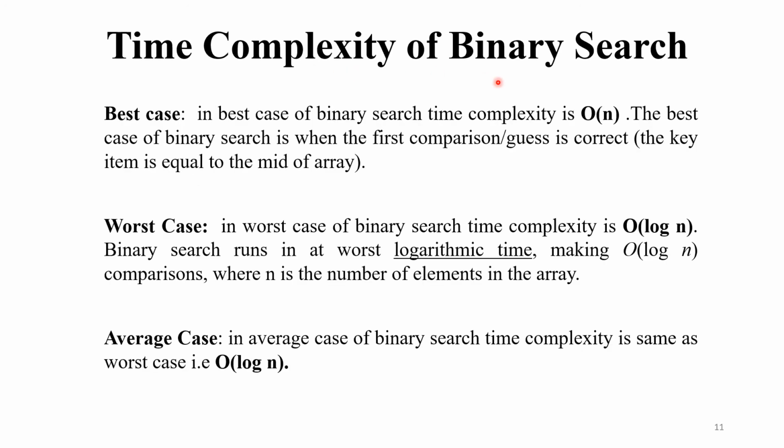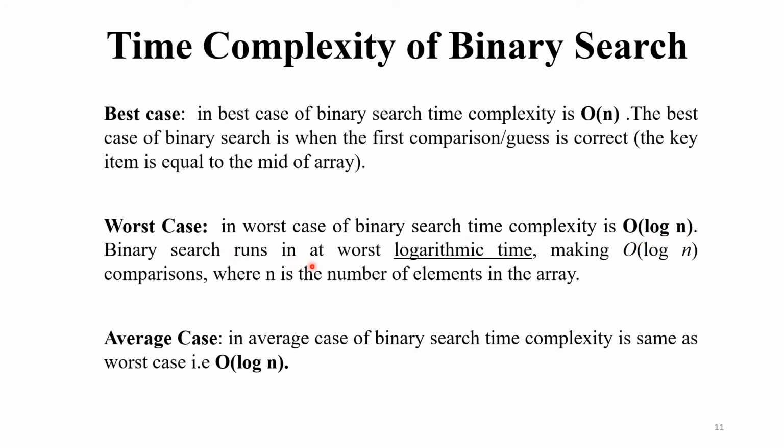Time complexity of binary search. First case is the best case. In the best case, the time complexity is big O of 1. In this, we get the output in the first iteration, meaning the key equals the mid element in the first iteration. Next is the worst case. In the worst case of binary search, the time complexity is big O of log n.